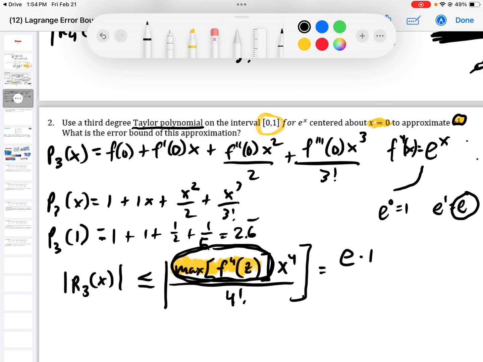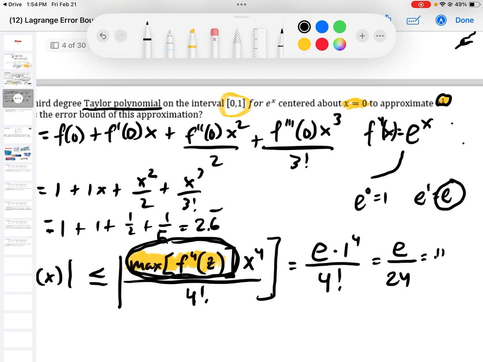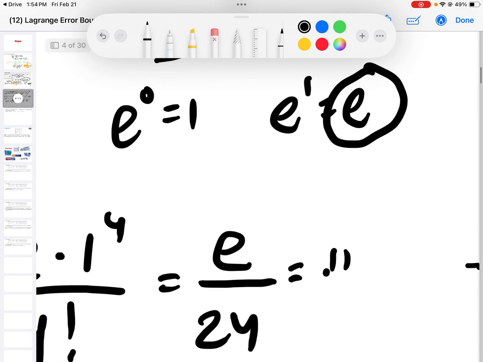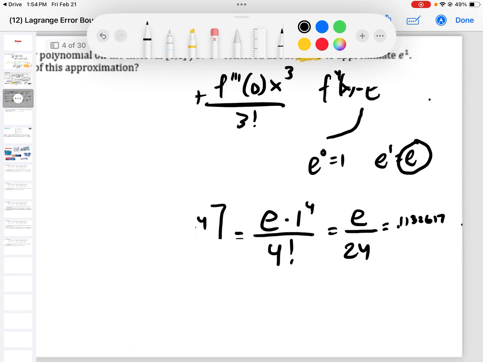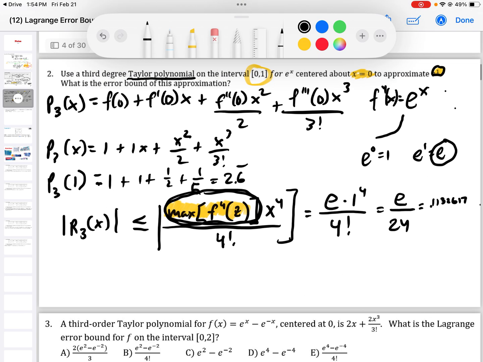Times, we're trying to plug in 1, so this would be 1 to the fourth power over 4 factorial, which is equal to e over 24, which is equal to 0.1132617.